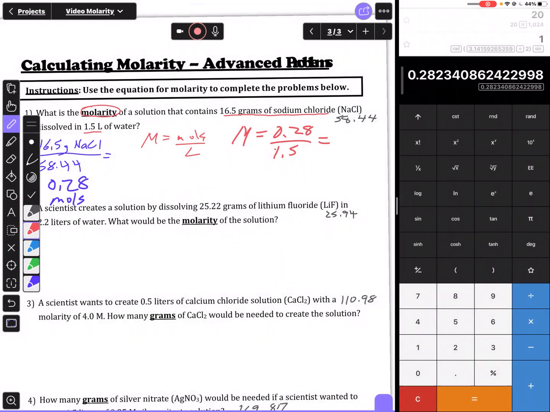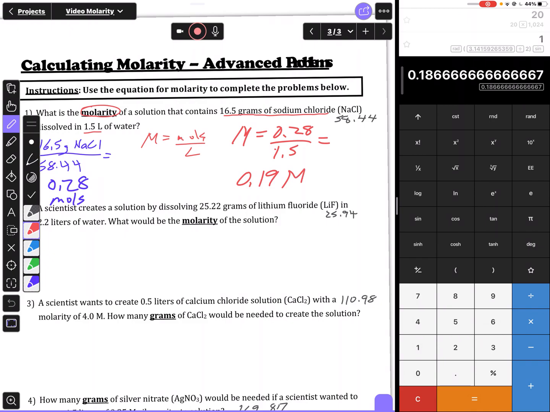So when I do this, I get 0.28 divided by 1.5, and I get 0.186. That would round up, so my molarity would equal 0.19, rounded to 2 decimal places.